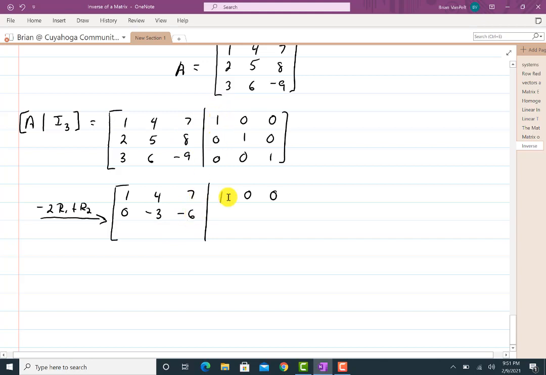And then negative 2 plus 0 is negative 2. And then to target this 3, I'll do negative 3r1 plus r3. So I'll get negative 12 plus 6 is negative 6. Negative 21 minus 9 is negative 30. And then negative 3 for this spot.